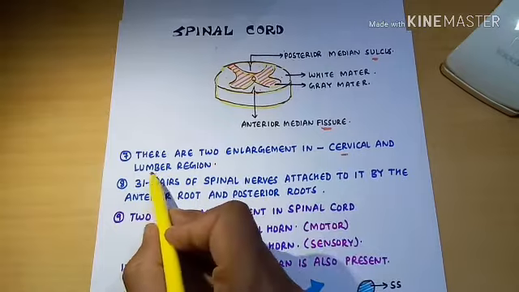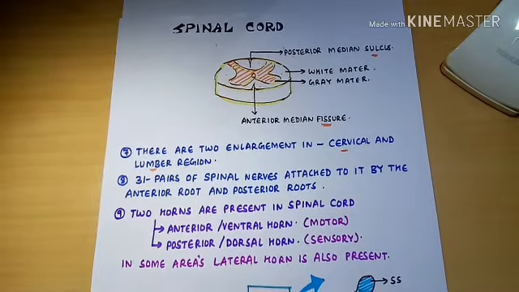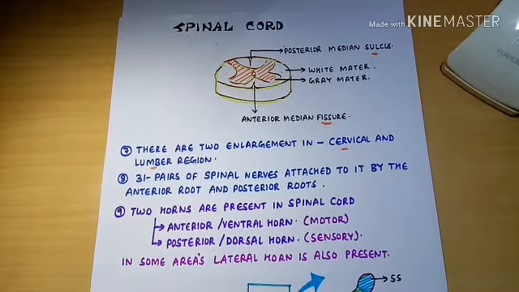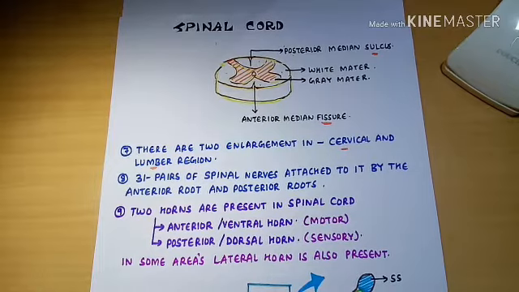So the two enlargements in the spinal cord are in the cervical region and in the lumbar region. The 31 pairs of spinal nerves are attached to the cord by the anterior root and the posterior root. There are two types of horns in the gray matter of the spinal cord, the anterior or ventral horn and the posterior or dorsal horn. In some areas lateral horns are also present.